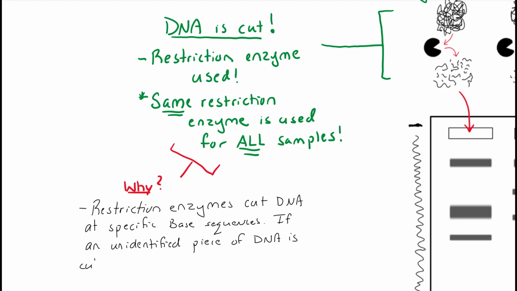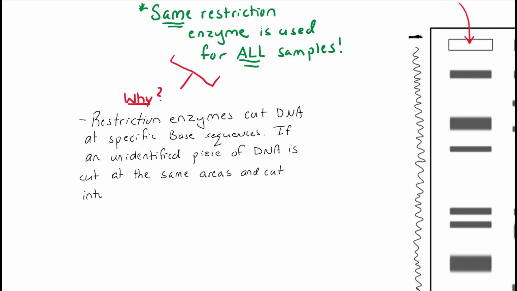All the cells in your body have the exact same DNA, but the DNA inside somebody else's cell is different. That's what makes us different, the letters in DNA. So if you use the same restriction enzyme to cut up the crime scene DNA and all 3 suspects, whichever suspect has the same size pieces of DNA is guilty.